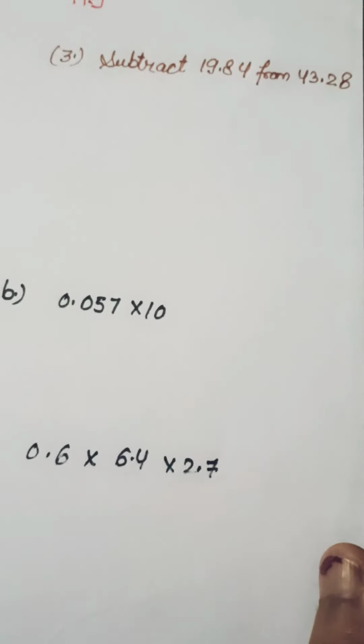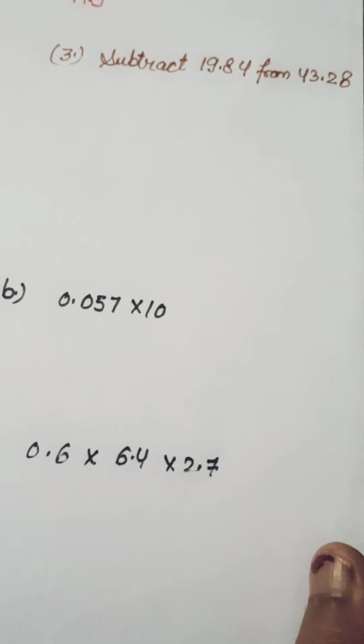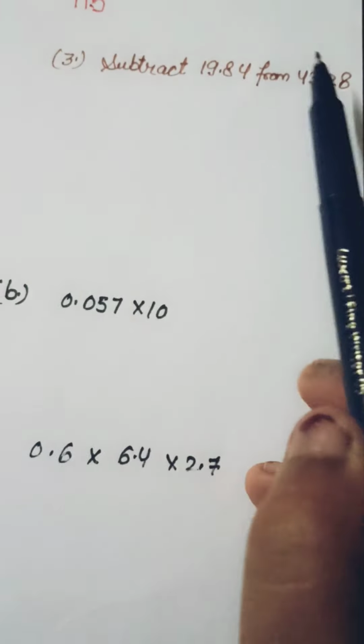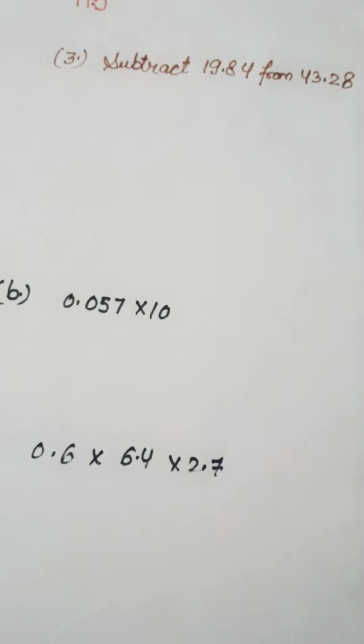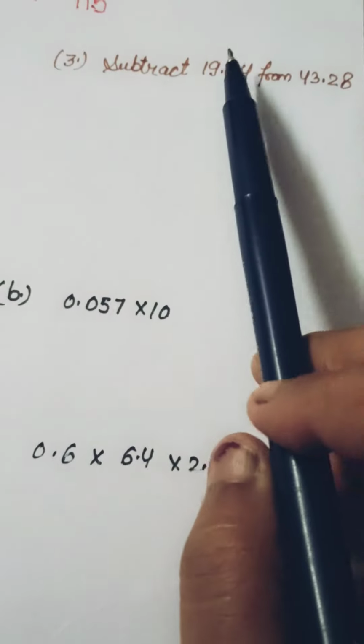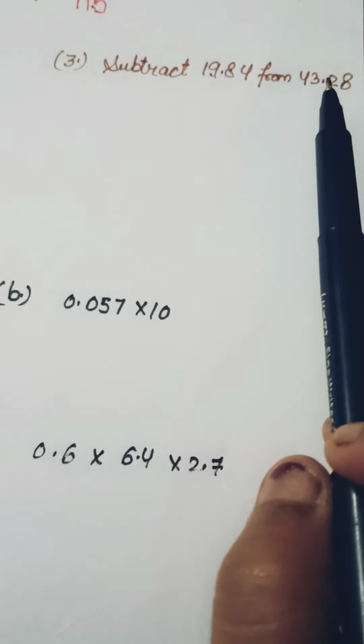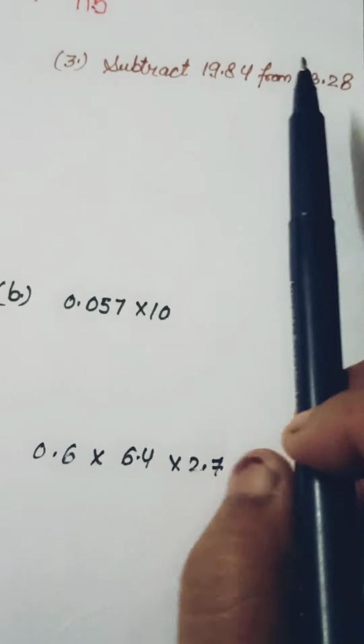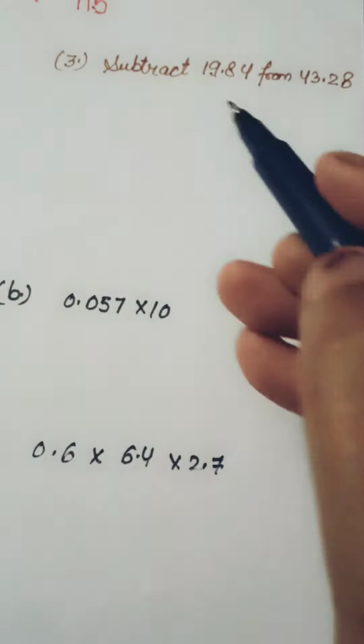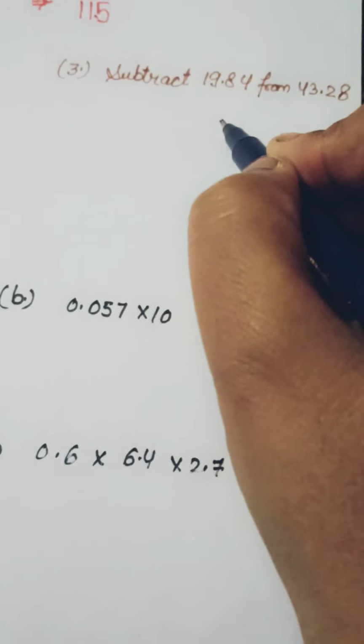And I am explaining it once again because I have observed many students make mistakes in such questions. They just get confused whether to write this number on top or this number on top. So make sure that you write this number on top and this one below it. Let us arrange it now.